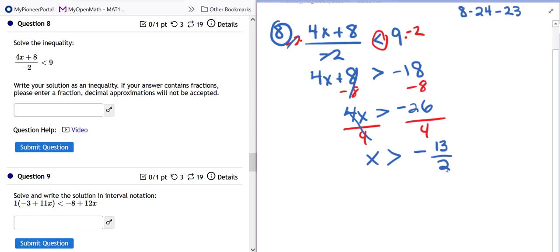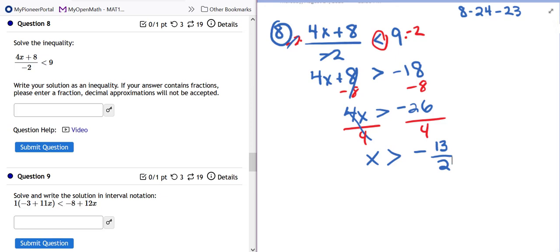All right. Let's see how they wanted the answer. That's something you have to watch with these. It says, write your solution as an inequality. If your answer contains fractions, please enter a fraction. So this one is not asking us for interval notation. The others have asked us for interval notation. And so they want us to actually enter the answer like this.